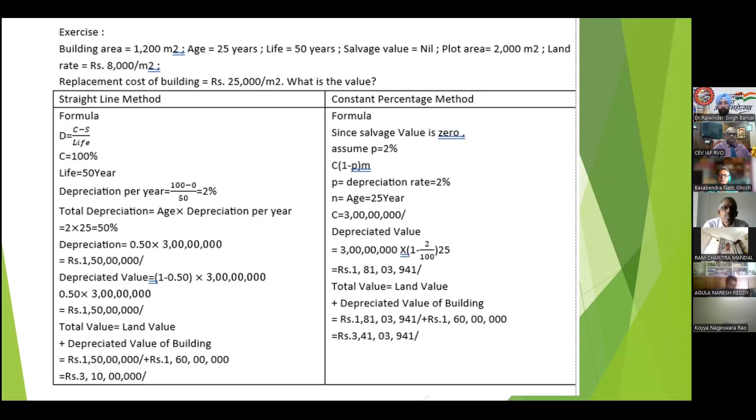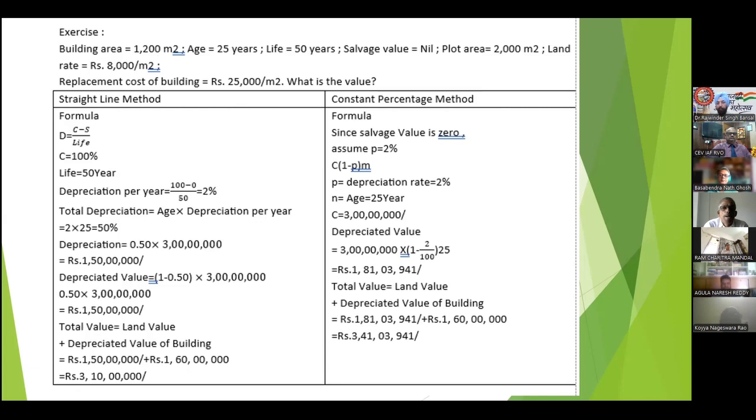We have a building whose area is 1200 square meter. We are just talking about the building part only here. Age of the building is 25 years. Life of the building is 50 years. Salvage value is nil. Plot area is 2000 square meter and land rate is 8000 per square meter.